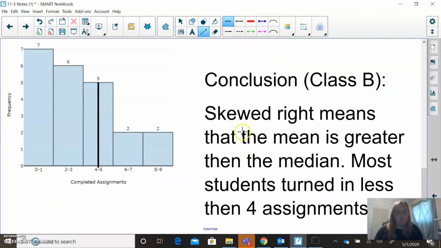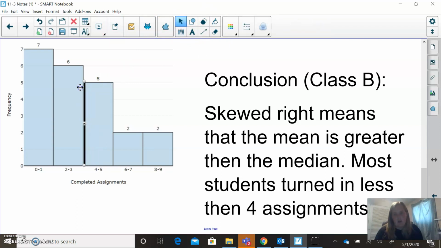So most students have turned in less than 4 assignments. And actually, the 4 should be right here. So this is a heavily skewed right graph, and they will all look like this.